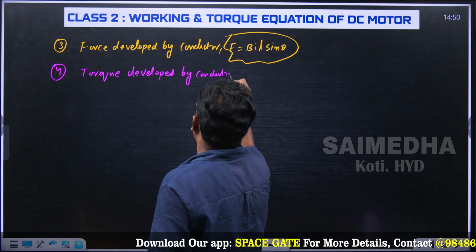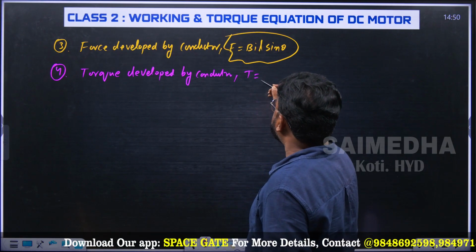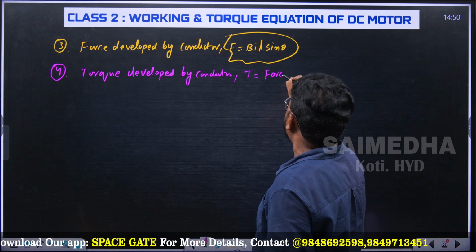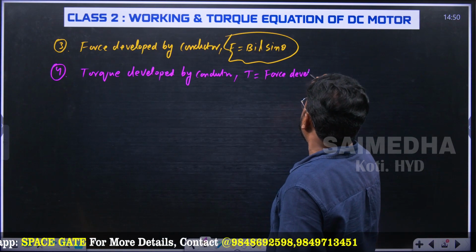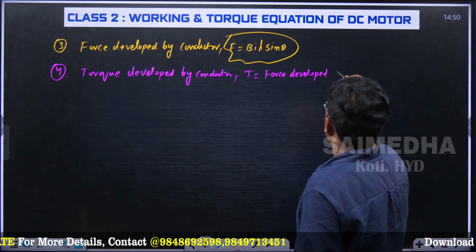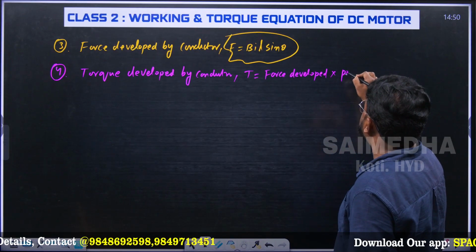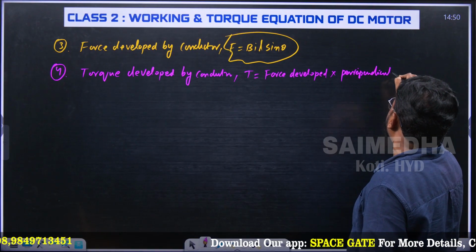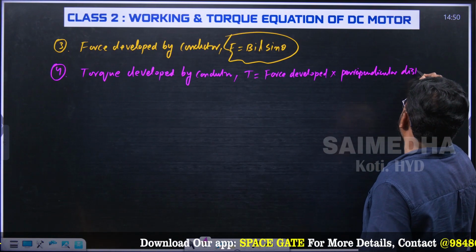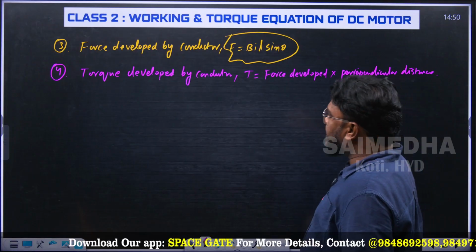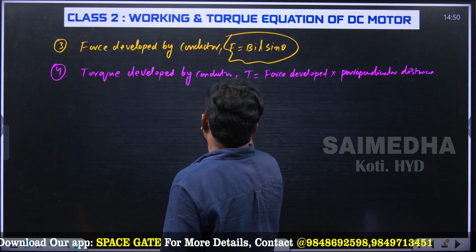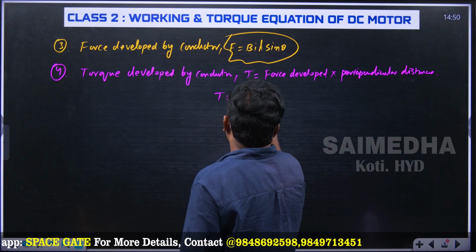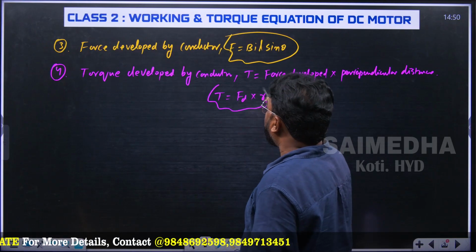How to find out the torque developed? Torque is equal to the developed force multiplied by the perpendicular distance. This is the question we ask. Then what is the perpendicular distance? T is equal to force developed multiplied by the radius of armature core.